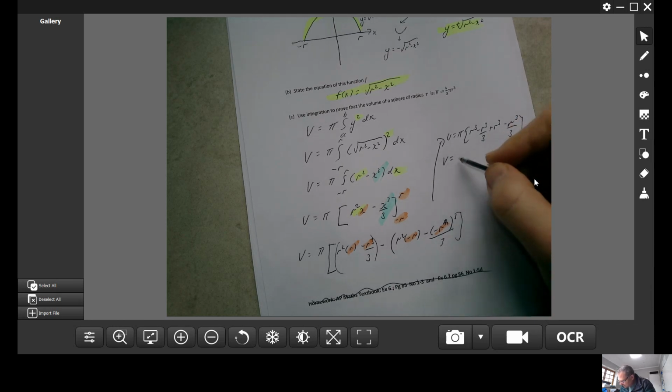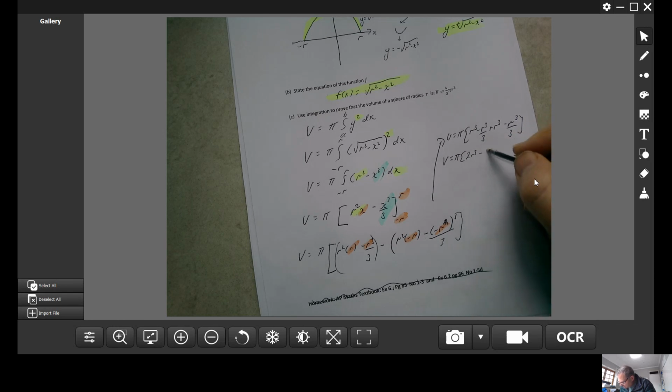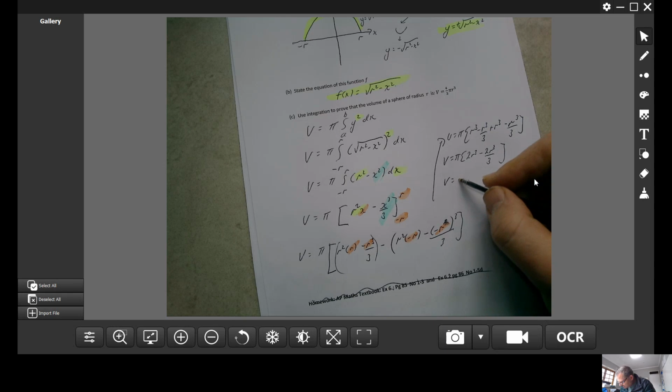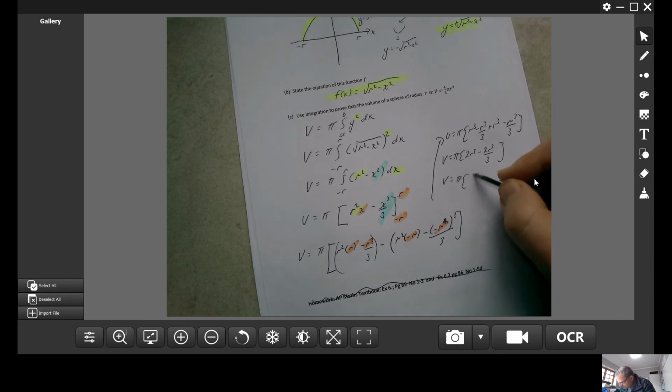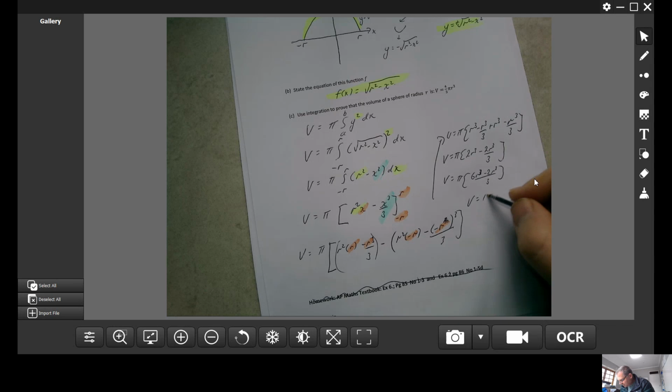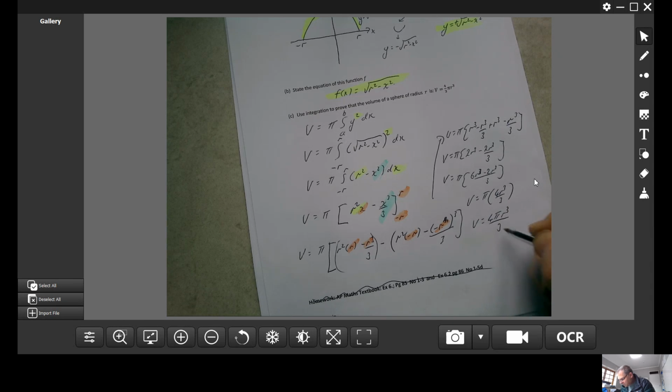If I add up like terms, I get volume is equal to pi times 2r cubed minus 2r cubed over 3. Getting a common denominator of 3, volume is going to be pi times 6r cubed minus 2r cubed over 3. If we simplify that, we get 4r cubed divided by 3. In other words, volume is equal to 4 pi radius cubed over 3.